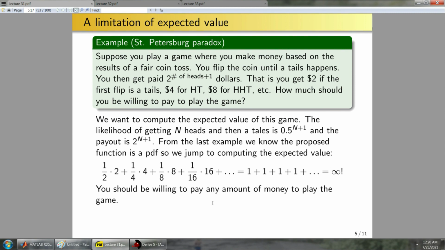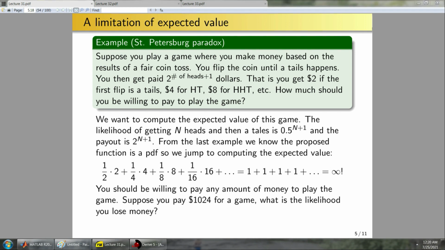So to see why this is a paradox, let's examine one particular payment. Suppose I pay $1,024 for a single game. What is the likelihood that I lose money? Well, to compute this, I first need to find how many heads I need to flip to break even.